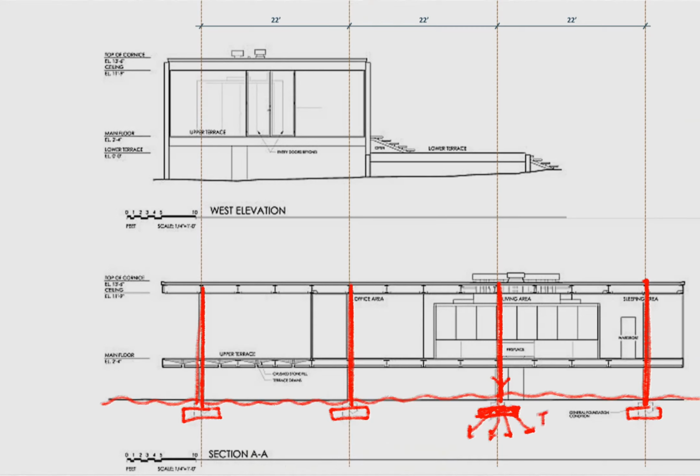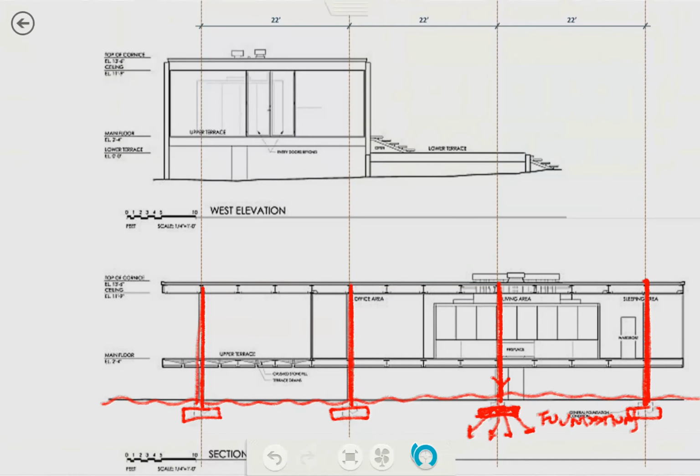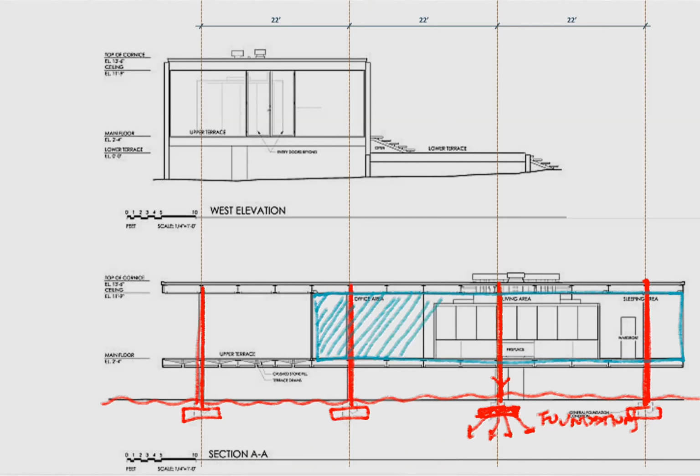That's why we need the foundations. But those are the steel structural columns. Where is the envelope? The envelope is this. In the section, this is the glass area.